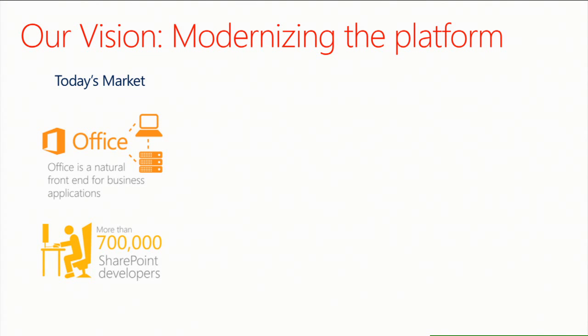And users love it because they get things done in Office. But there's another important aspect of Office. Office is where information workers and users create intellectual property. Every email, every document, every spreadsheet has some intellectual property that is really valuable for users and for organizations.